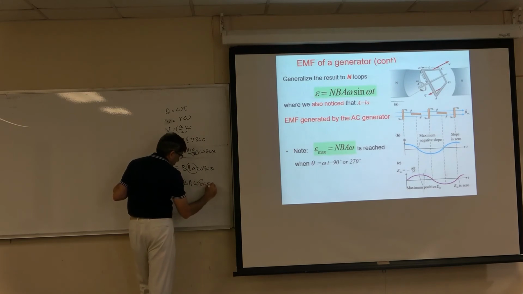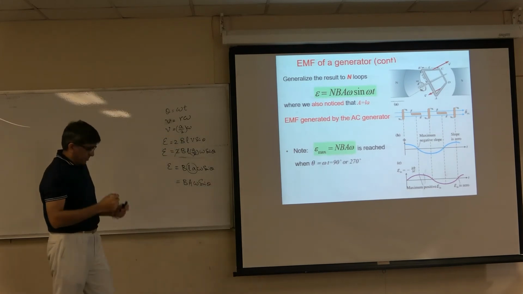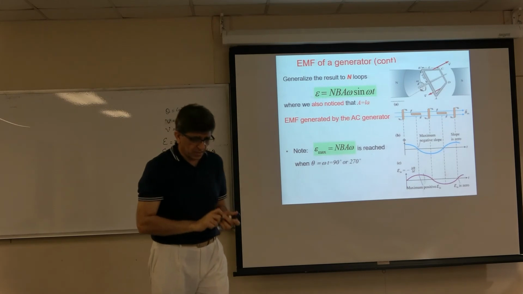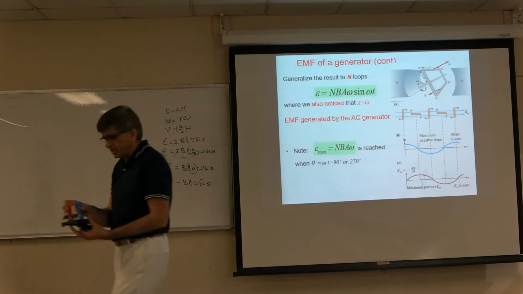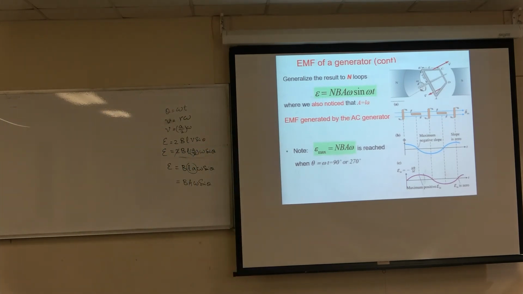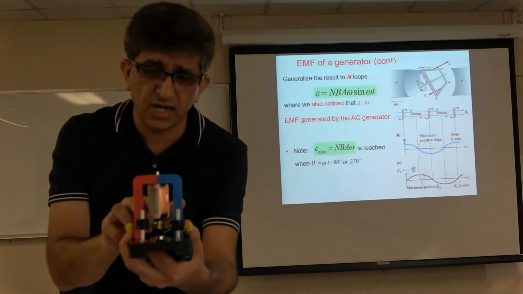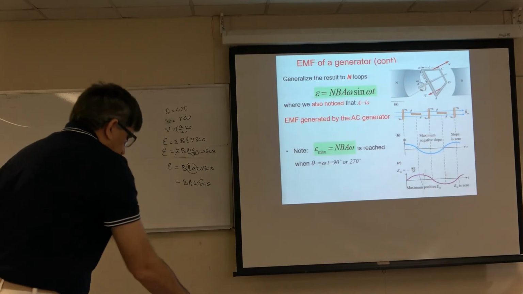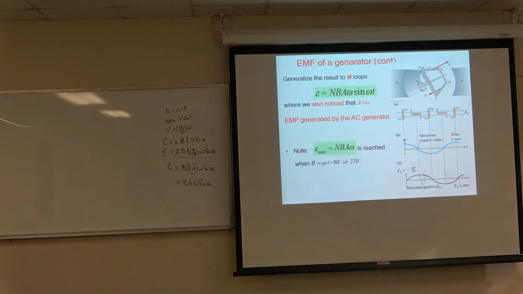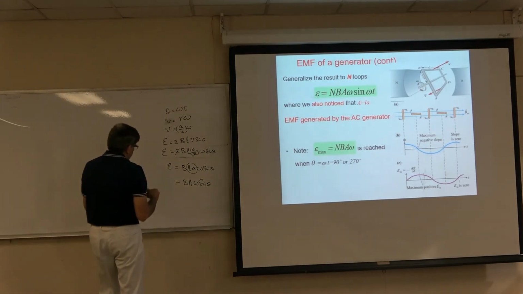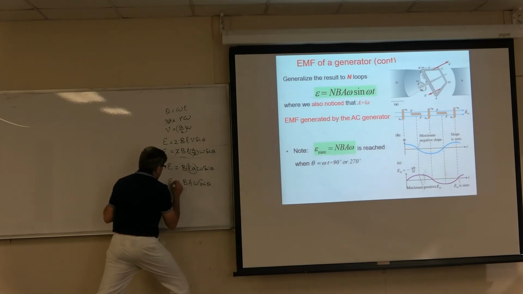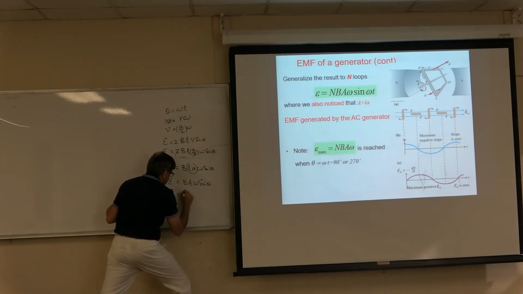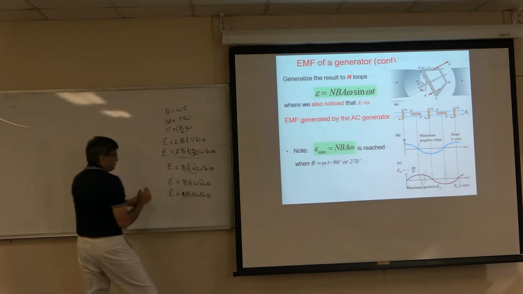omega sine theta. Now, here we are talking about one coil, and there can be more than one coil, so I have several coils over here, number of turns. So let's say there are n number of coils, so EMF is equal to n times B times A omega sine theta.